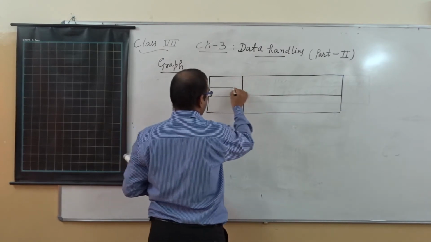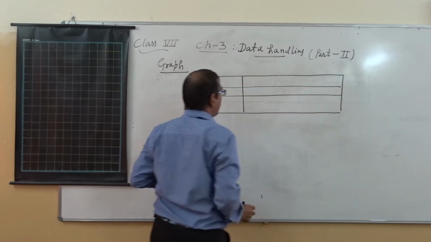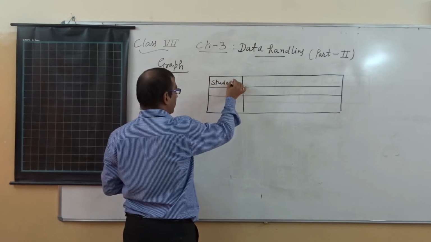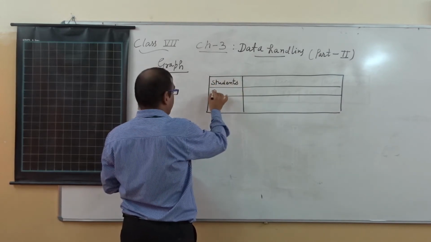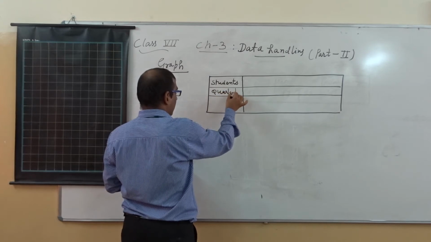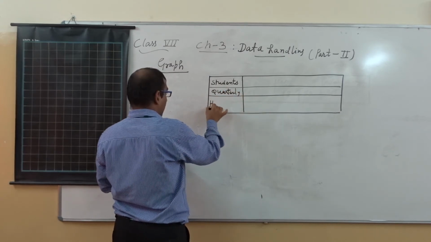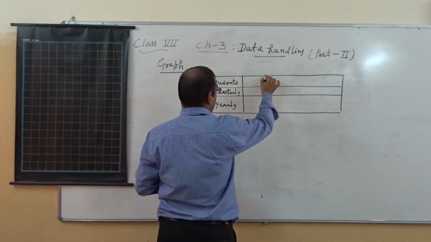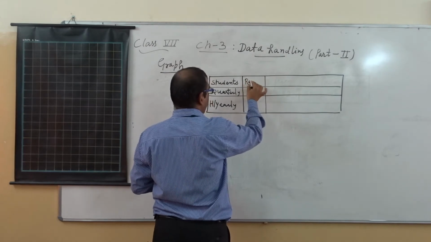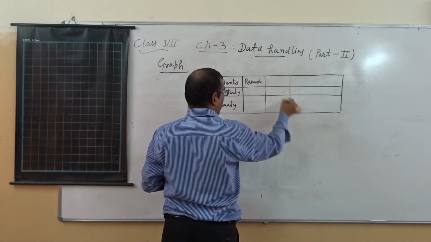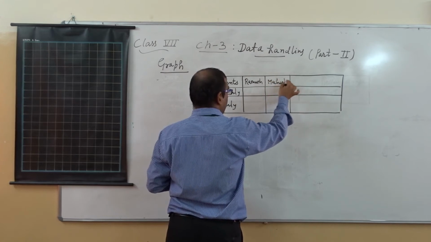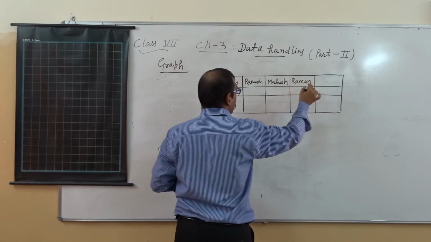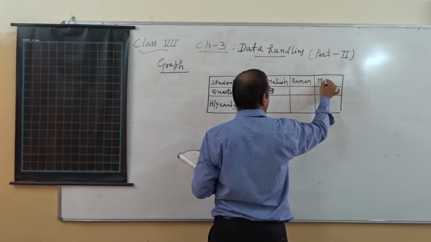As I said, this time we will make two rows. So the first row is related with students, then their quarterly marks and half-yearly marks. The student names are Ramesh, Mahesh, Raman and Mohan.